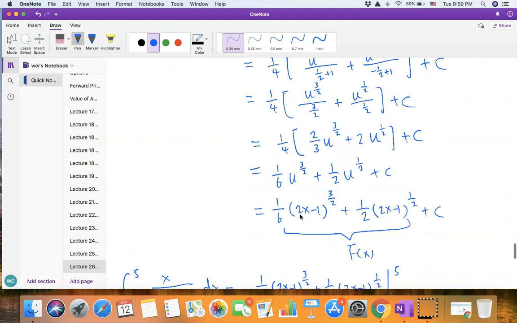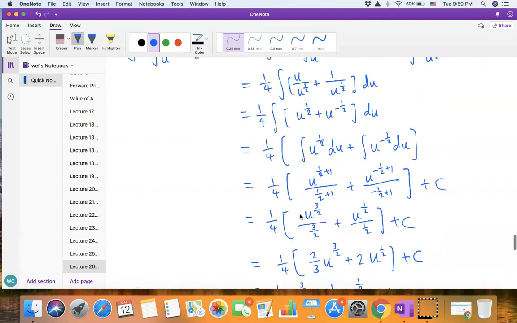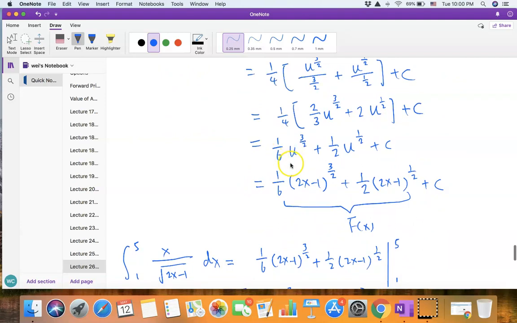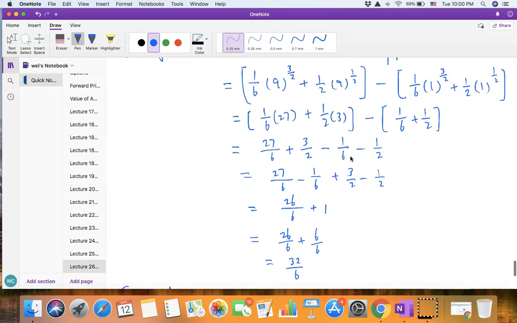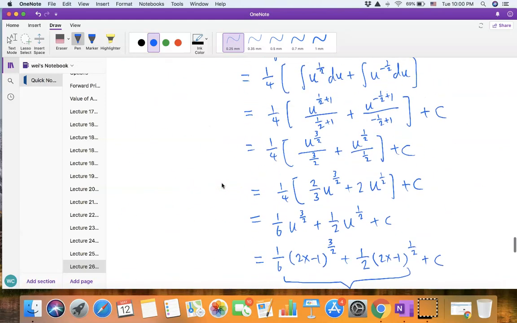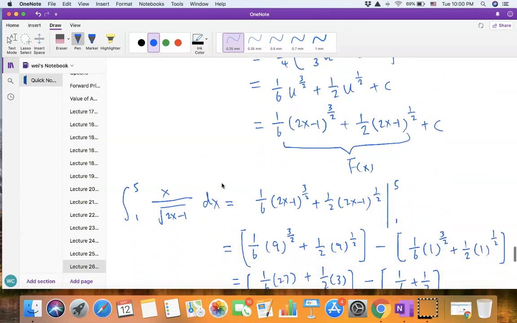So the antiderivative now is 1 over 6 times u to the power of 3 over 2 plus 1 over 2 times u to the power of 1 over 2.